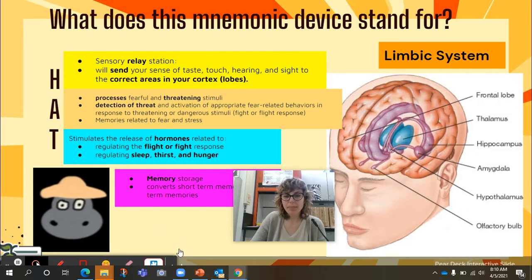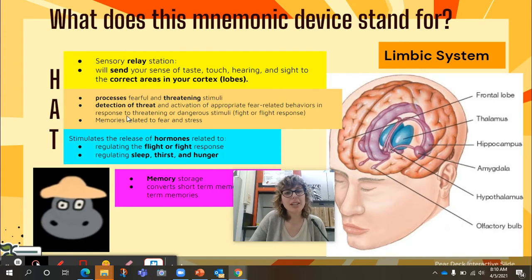But really, the big ones that I need you to remember are the amygdala in that HAT word, the thalamus, and the hippocampus. So hippocampus is our memory storage. That's long-term memory. That's going to be these blue nodules here in the center of the brain.